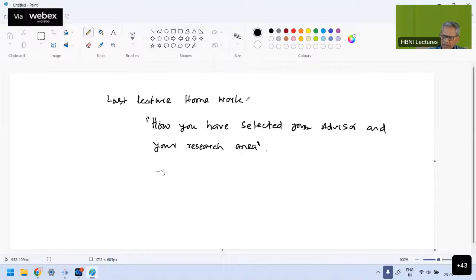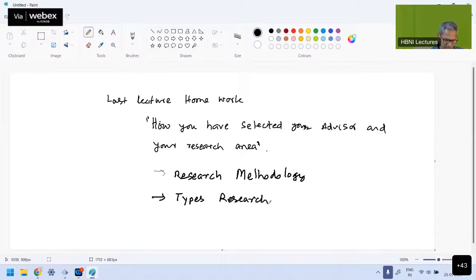Then we'll go on to learn the types of research, the types of research we carry out. We'll try to highlight what the types of research are, and by which criteria we have divided the types of research.